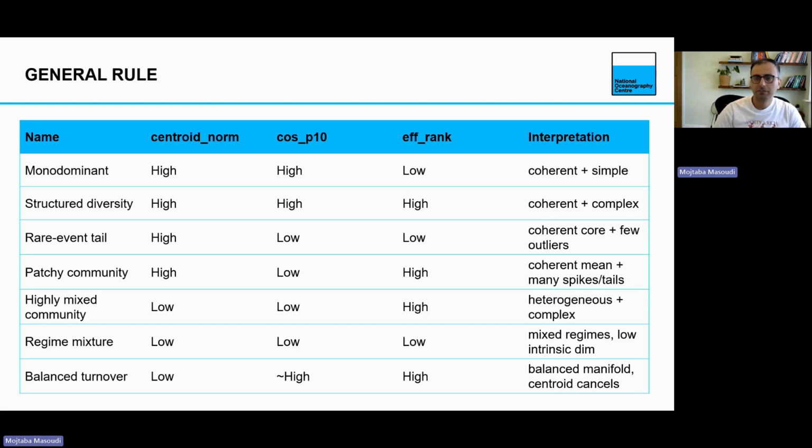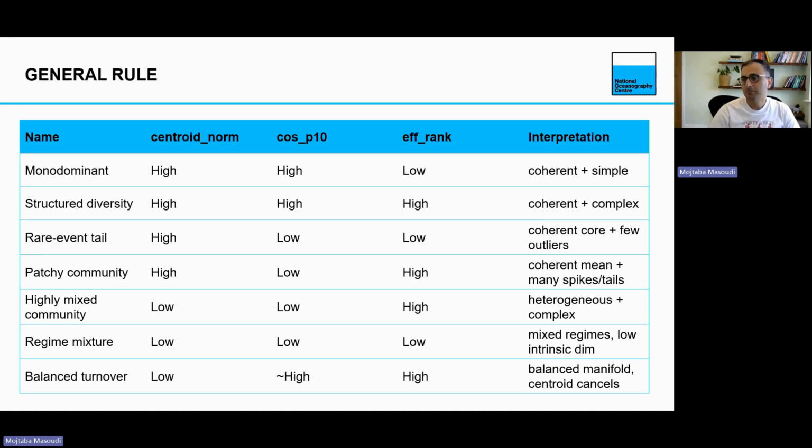For example, if the centroid norm is high for our data and the tail is relatively close, it means the data is coherent. But if the effective rank is low, it means the data structure is simple.